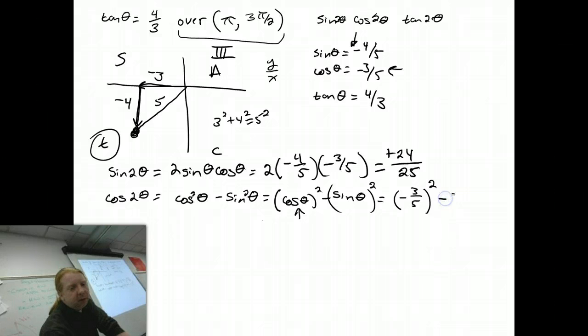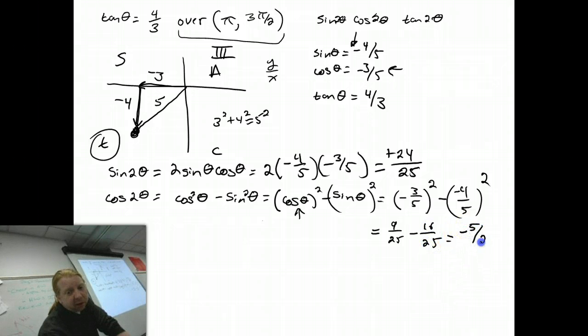And then minus, and then do the same thing for sine. Negative 4/5 quantity squared. And that's going to give me 9/25 minus 16/25, which simplifies to negative 7/25. And that does not reduce.